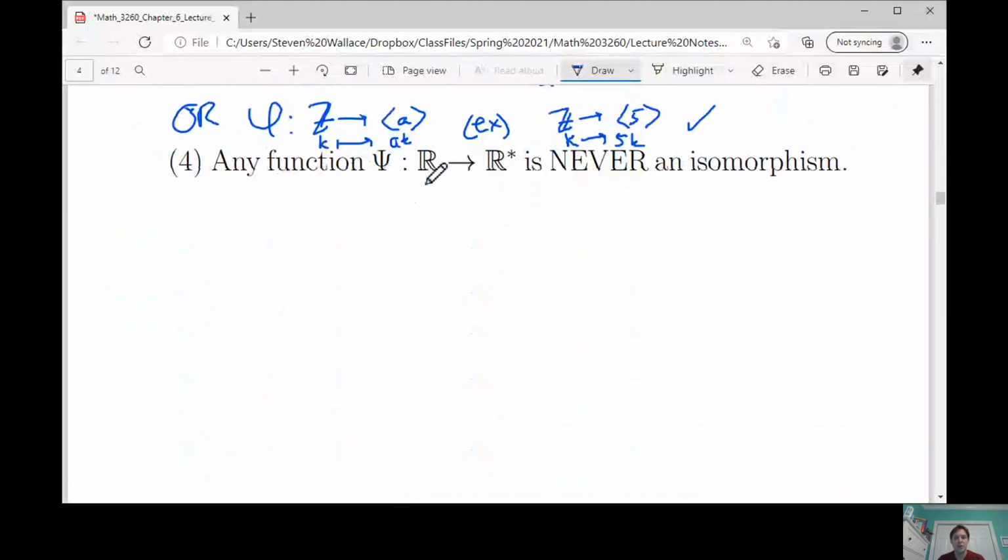Okay. Any function from the real numbers to the multiplicative real numbers is never an isomorphism, and here's the proof of that. So suppose psi is an isomorphism.